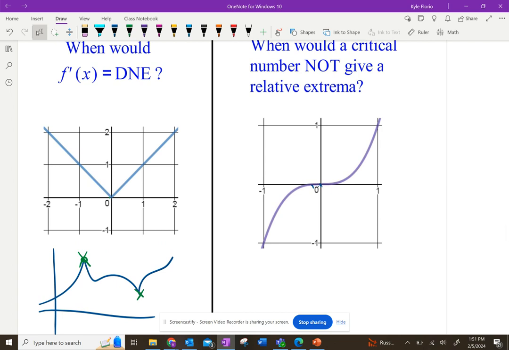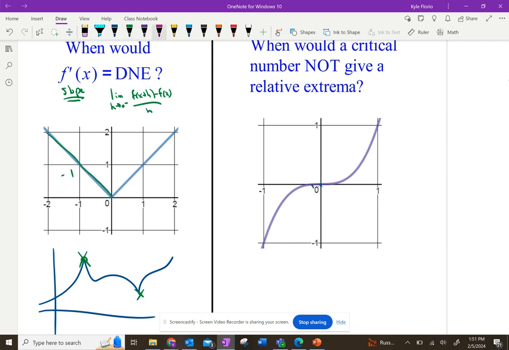And the reason why is if you think of the derivative as the slope, do you remember the slope started off as a limit? Right? The limit as h approaches 0 of f of x plus h minus f of x over h. So if I take the slope from the left side, the slope is negative 1.